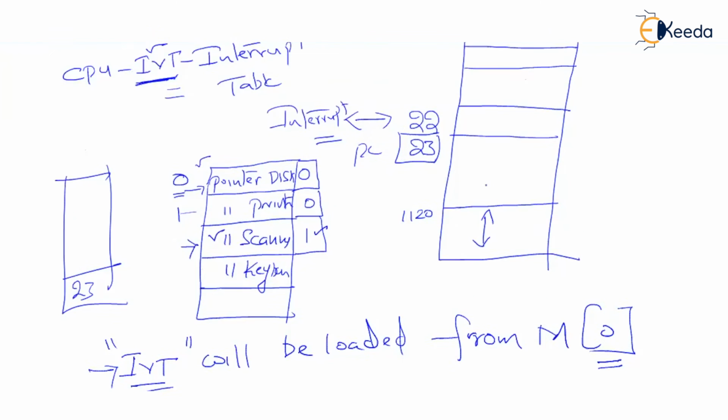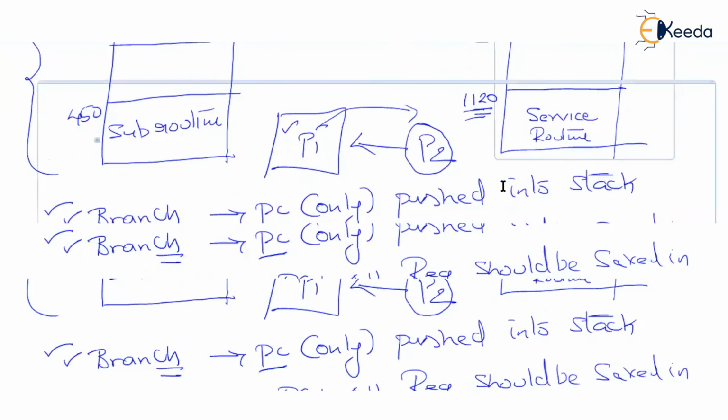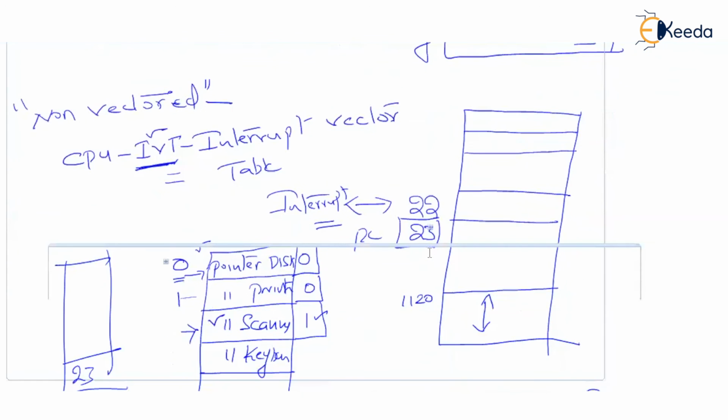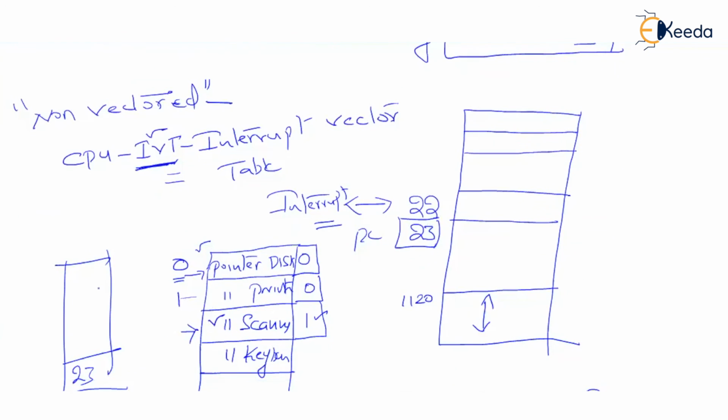Which means that in the vectored interrupt, the address of the service routine will be supplied by the interface. In the non-vectored interrupt, the interface will not give it; rather, the CPU always goes to the IVT, the interrupt vector table. Okay, this is the difference between vectored interrupt and non-vectored interrupt.